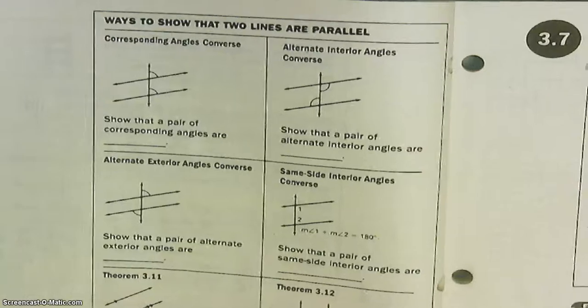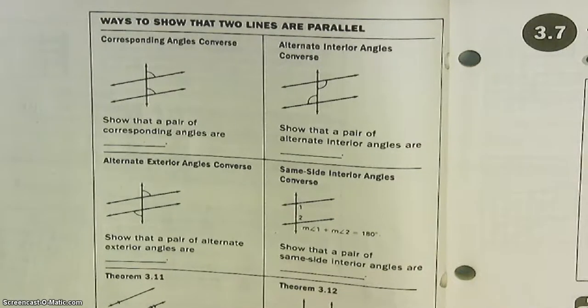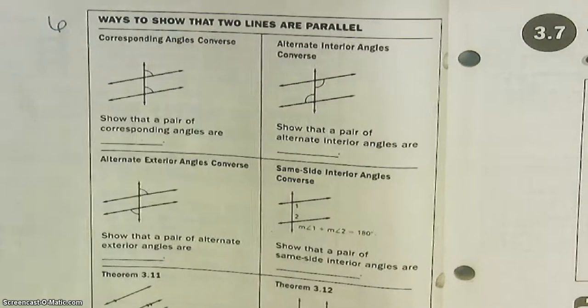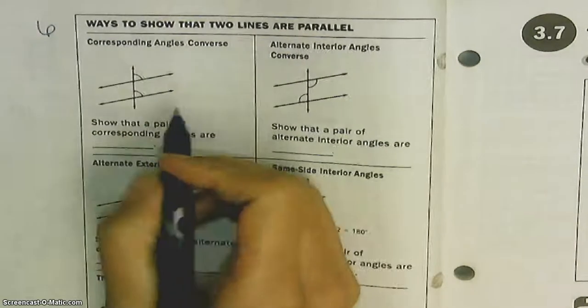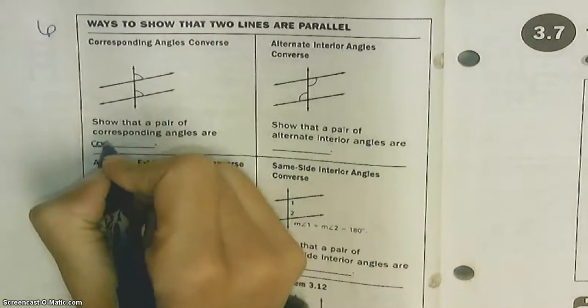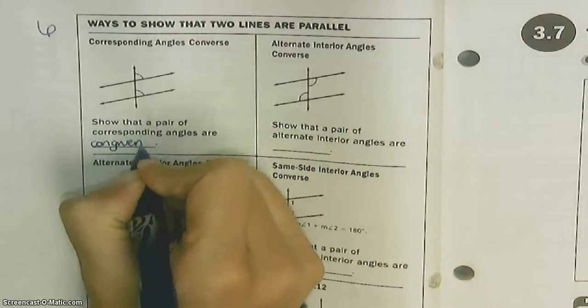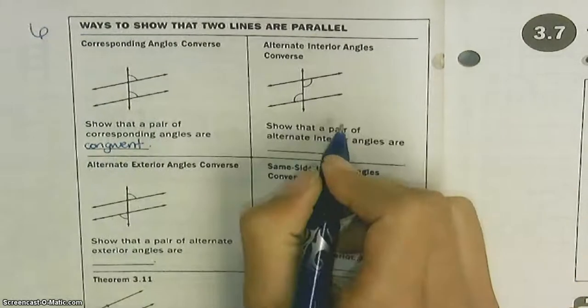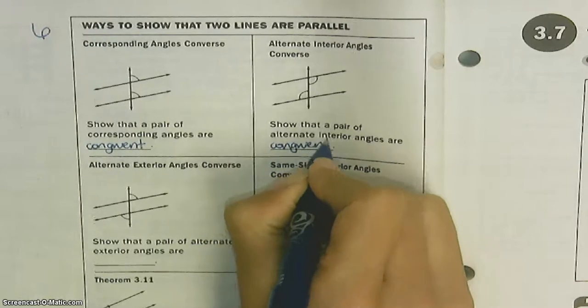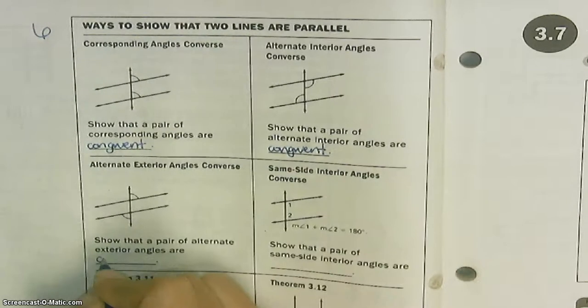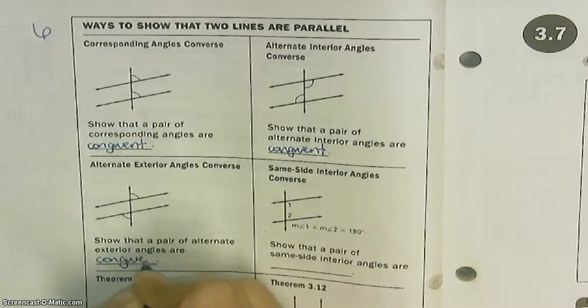On the next page, we're recapping all the ways that we just learned to show that lines are parallel. So we have 6 ways now to show that lines are parallel. We can show that the corresponding angles are congruent. We can show that the alternate interior angles are congruent, or the alternate exterior angles are congruent.